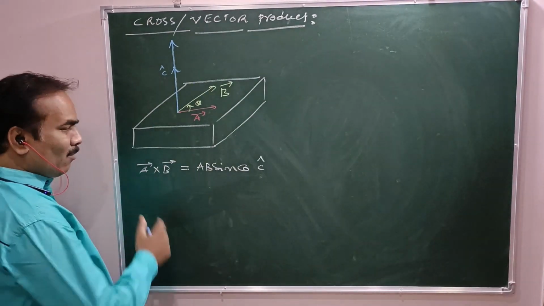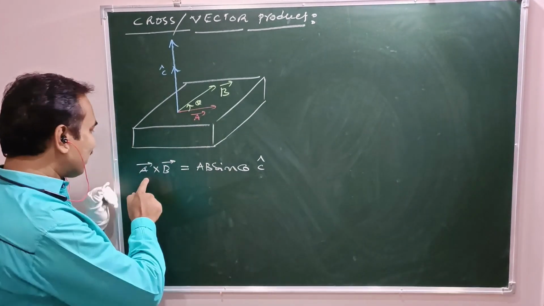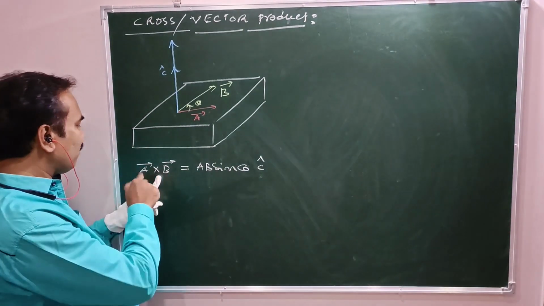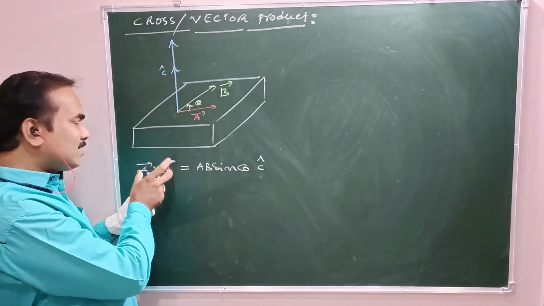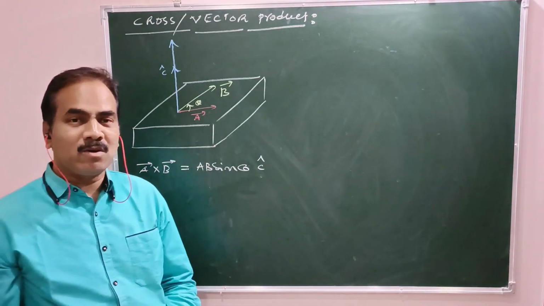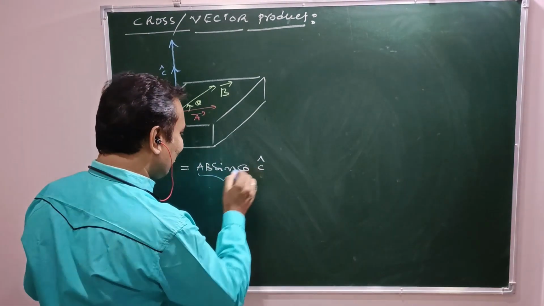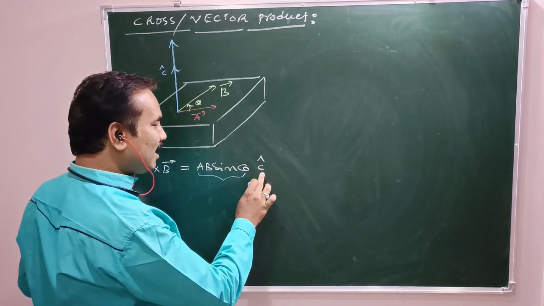Now see what I am saying. The cross product of two vectors is again a vector. A bar cross B bar means the cross product of A bar and B bar, which is again a vector. Vector in the sense the product of magnitude multiplied by unit vector. See, AB sin theta is nothing but magnitude. C cap is direction.